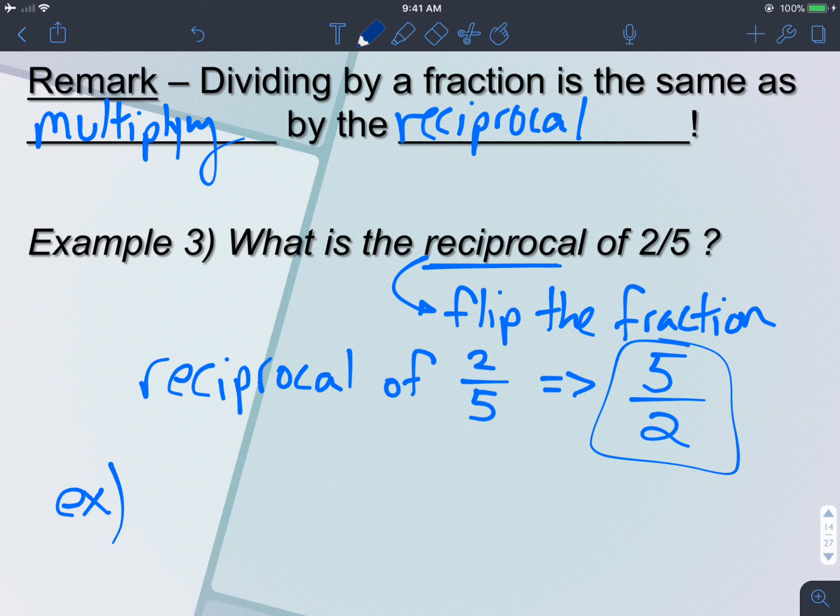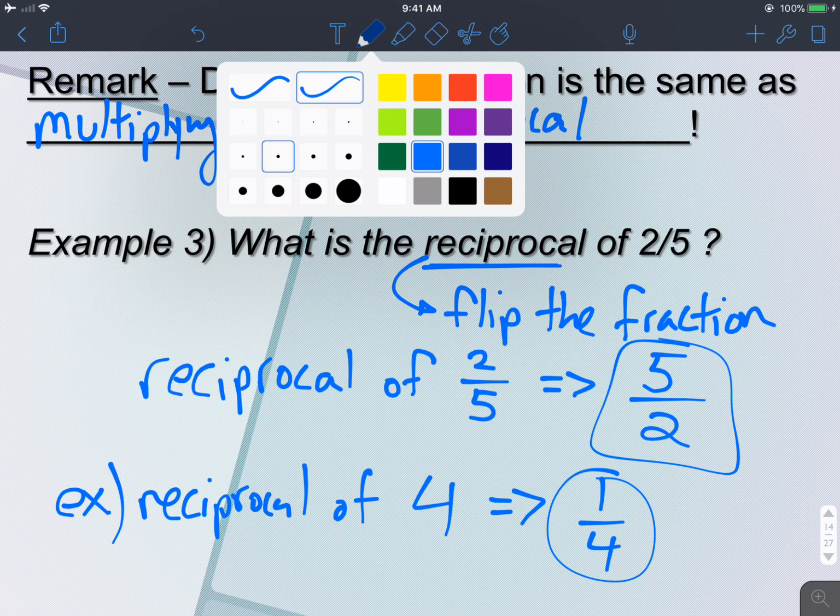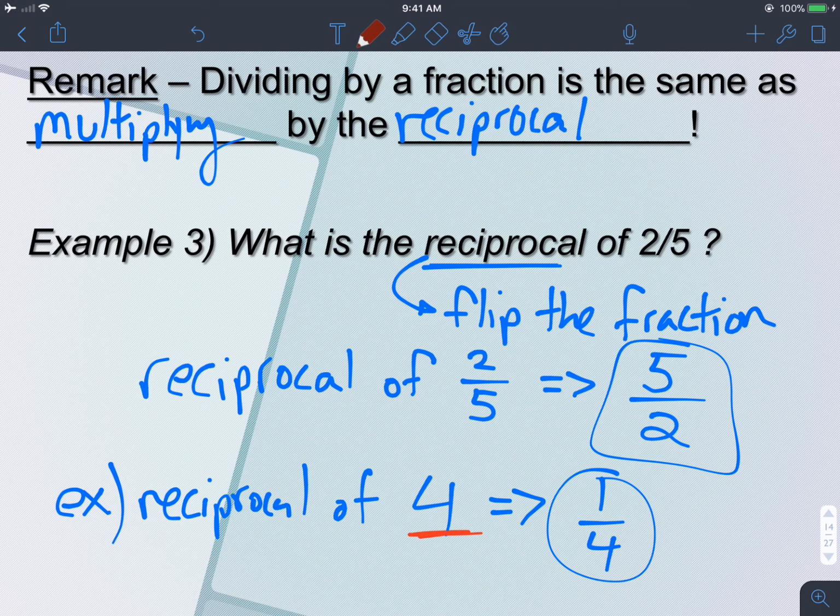Example. Reciprocal of 4. You would flip that into a fraction and write it as 1/4. Because remember, you can write it as 4 over 1.